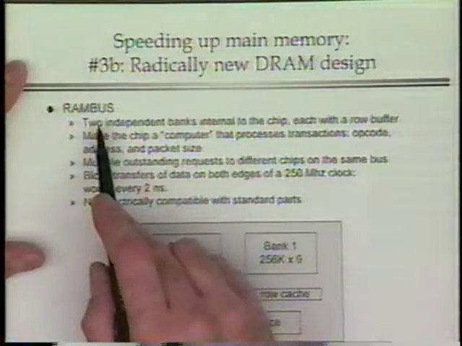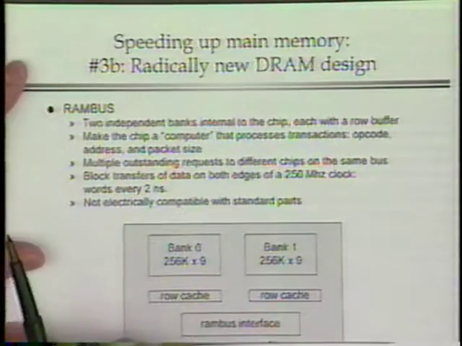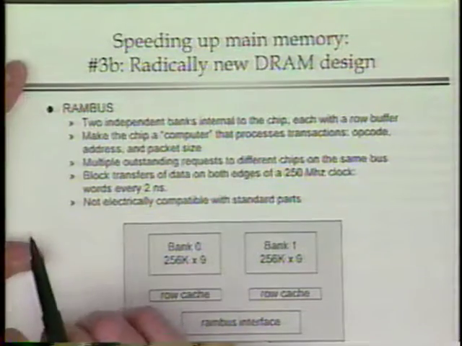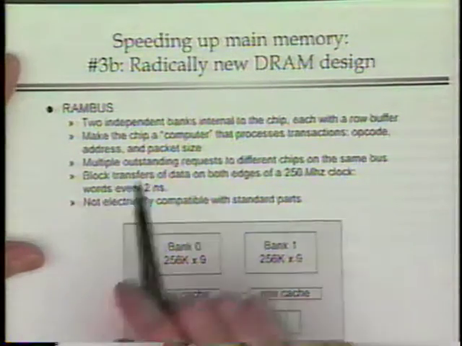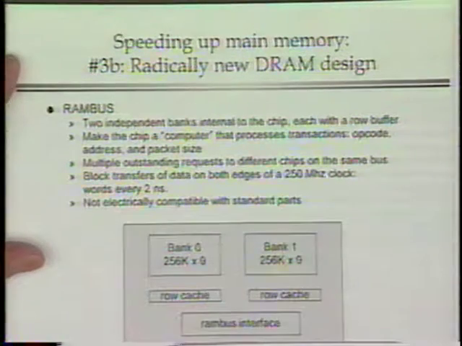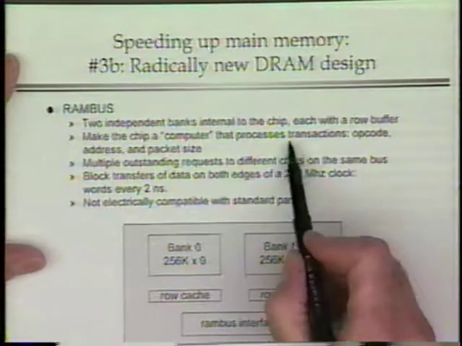Just 30 seconds on a radically new RAM design. Rambus has proposed, in fact, from some Stanford people, I think Horowitz and Mike Farmwald are mostly involved in this, making RAM chips look nothing at all like RAM chips, making them really look like independent computers that process a transaction.